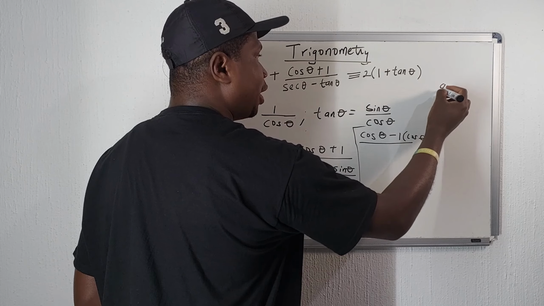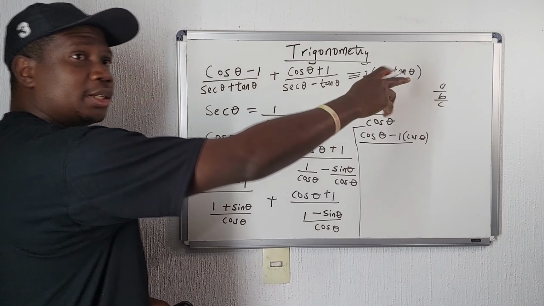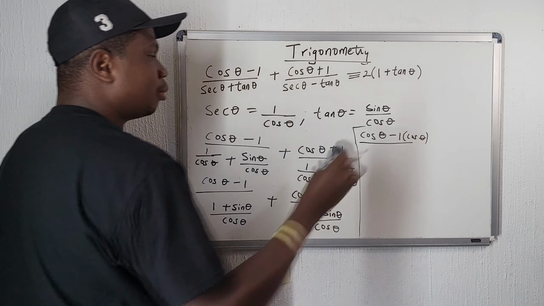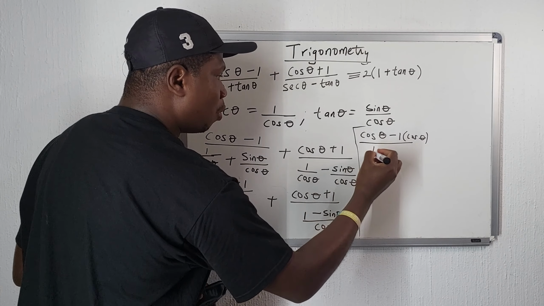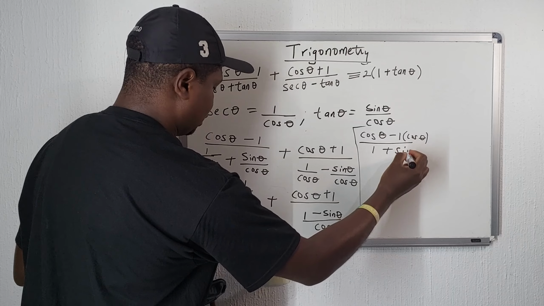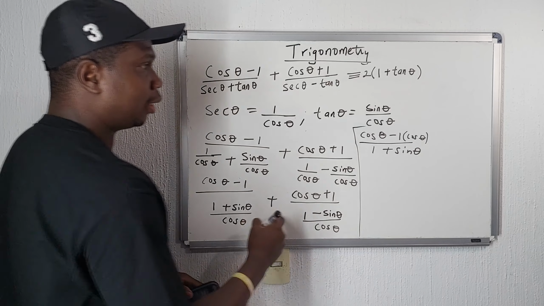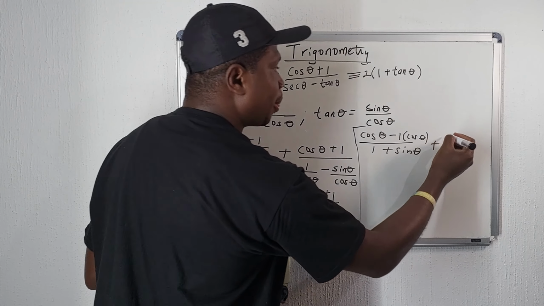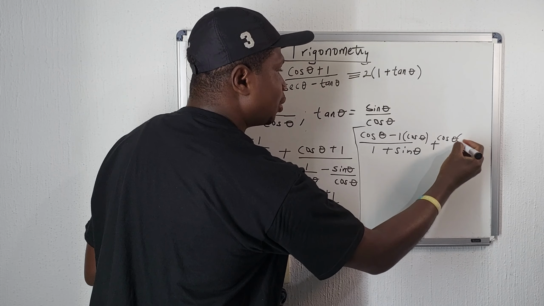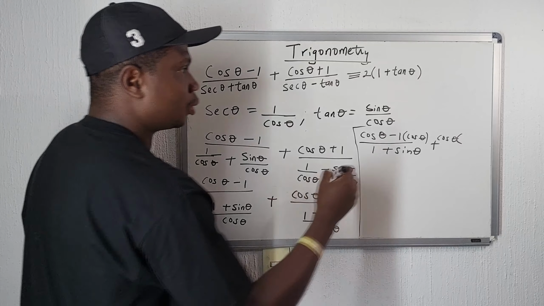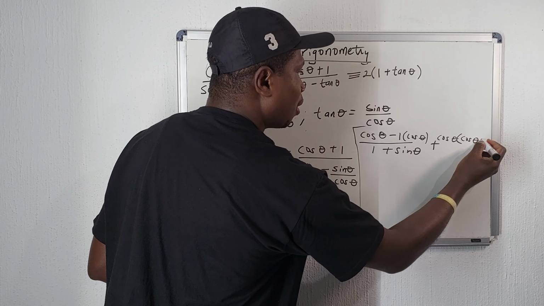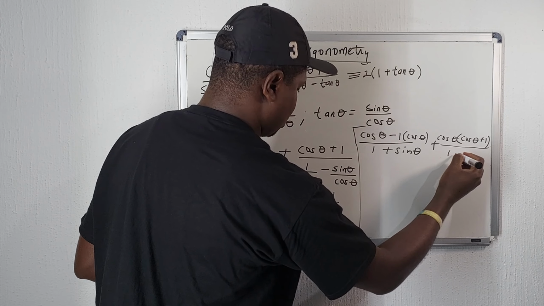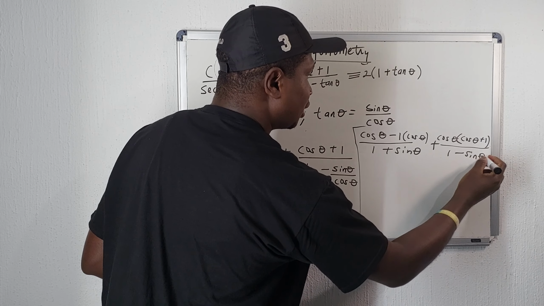Remember, if we have a over b over c, this can come down and this one can go up. We're going to use the same technique here. Over 1 plus sin theta, then plus cos theta can come up here too. We have cos theta into cos theta plus 1 over 1 minus sin theta.